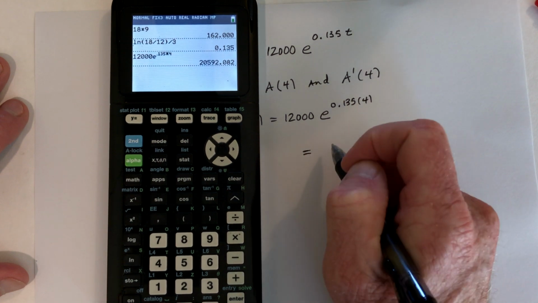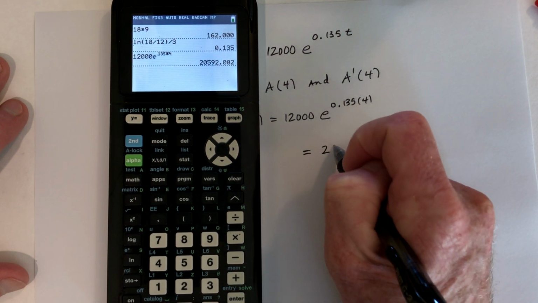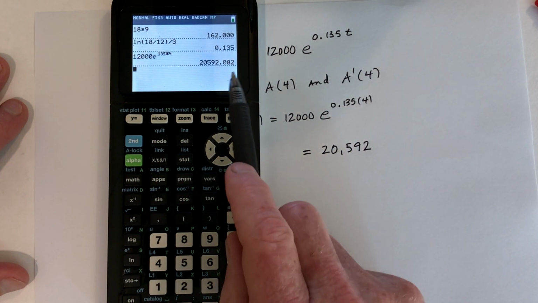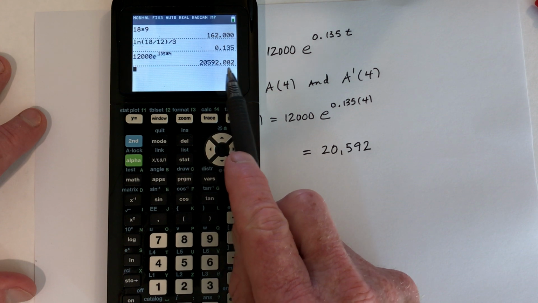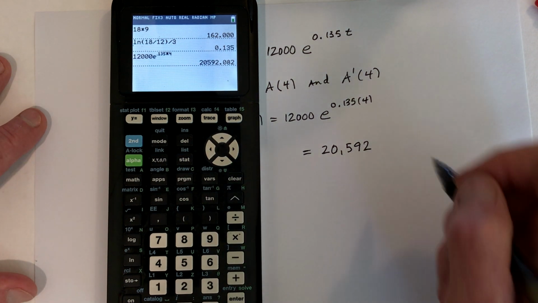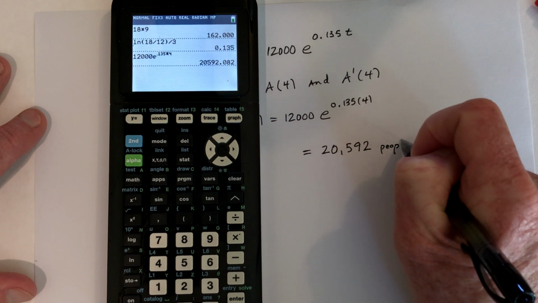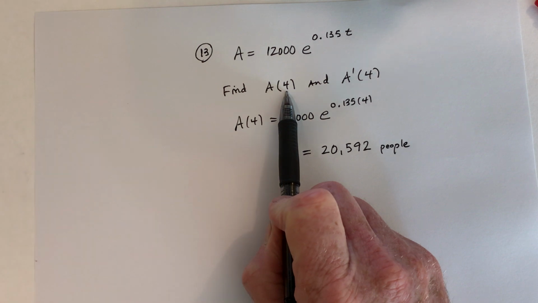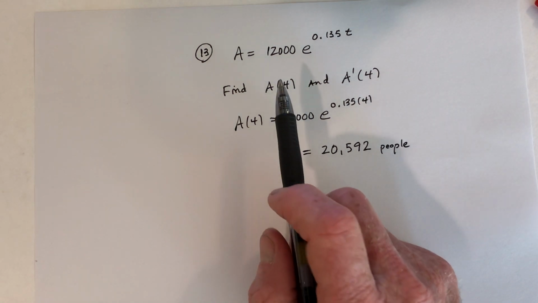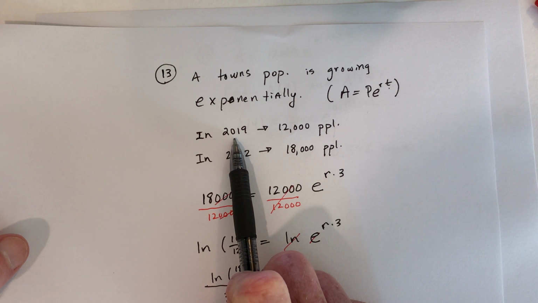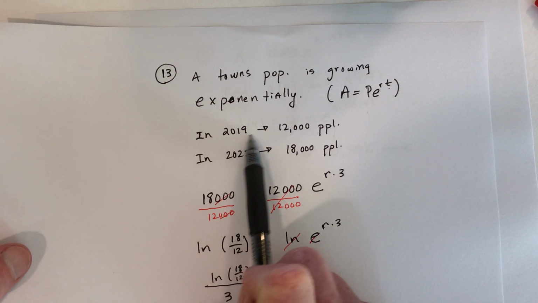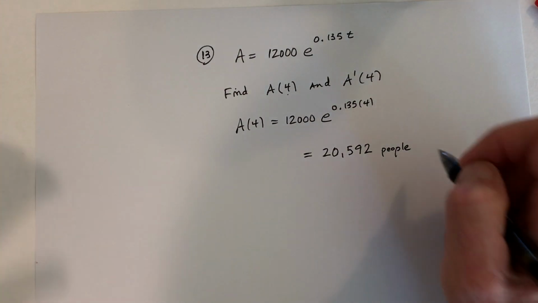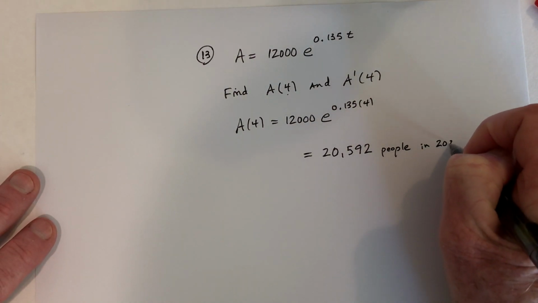And so that means that their town has grown to 20,592, and since we are talking about people, we are not going to have 0.08 of a person. So then that's people. And this part means 4 years later. So you actually have to go to the beginning of the story. The beginning of the story was 2019. So if you add 4 years to that, that's 2023. In 2023.